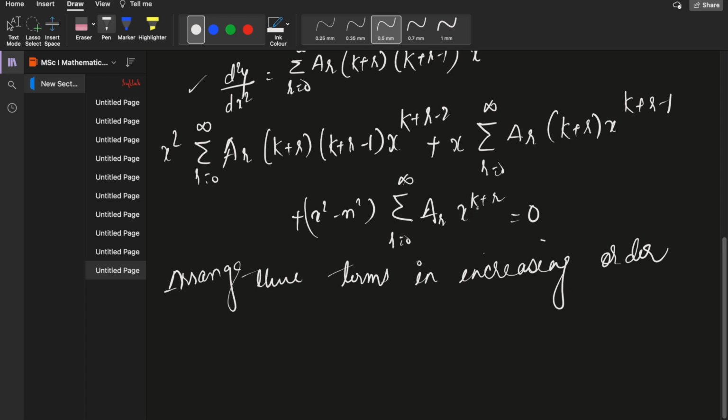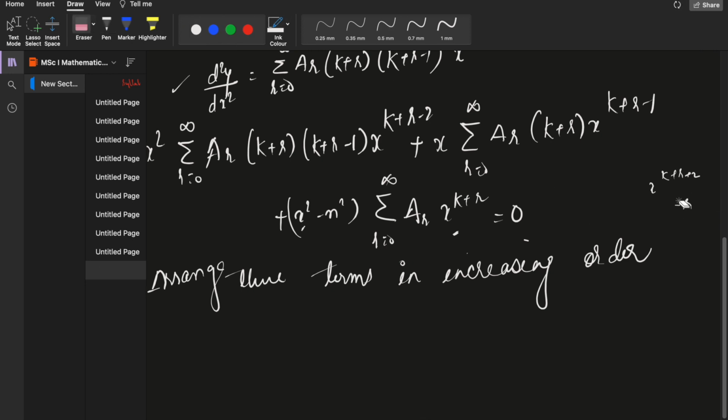We have only two kinds of terms. The first one is x to the power k plus r. Then another one is from this: if I multiply x square to this quantity x to the power k plus r, this will give me x to the power k plus r plus 2. I know k plus r is smaller, so I need to write this term first.